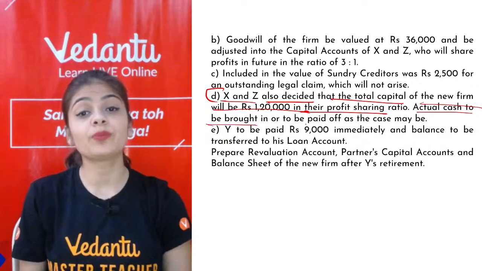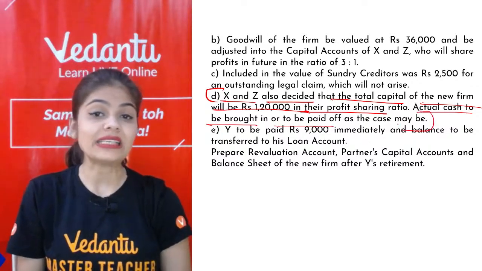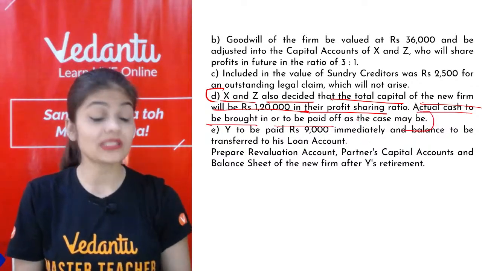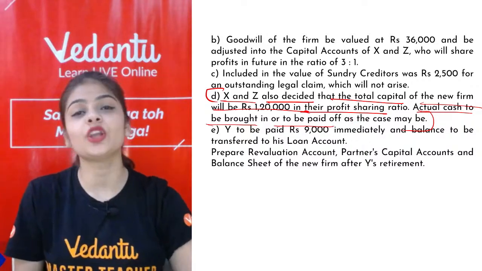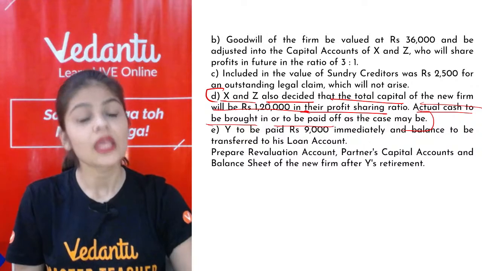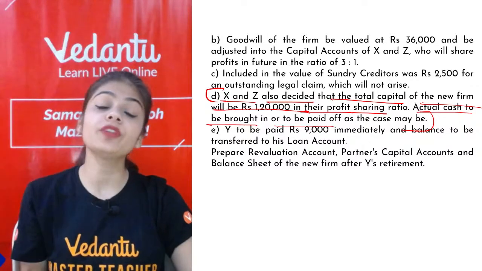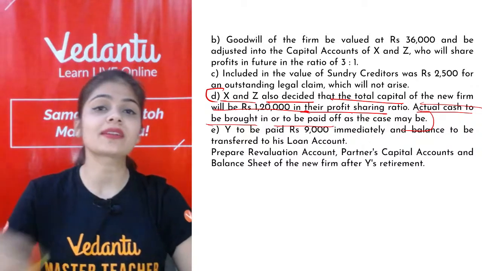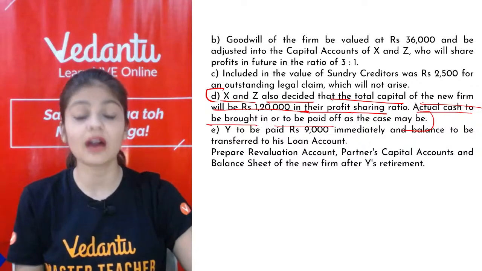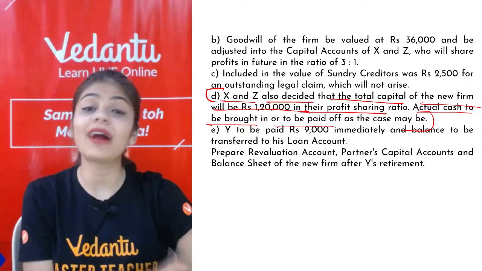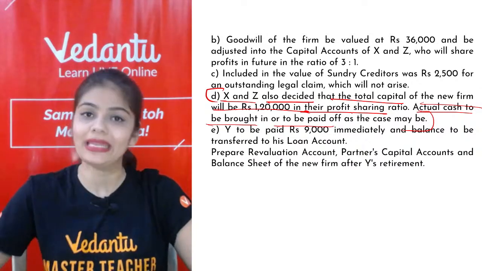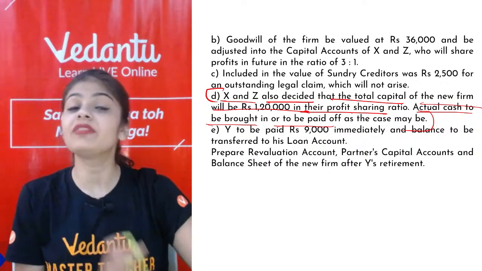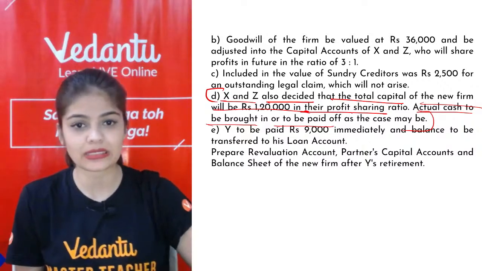Actual cash to be brought in or paid off as the case may be. So this is also an adjustment of capital, which is not in your syllabus. So after recording goodwill, revaluation, general reserve, workman compensation reserve, you will directly find out the closing balances. We do not have to do any adjustment.